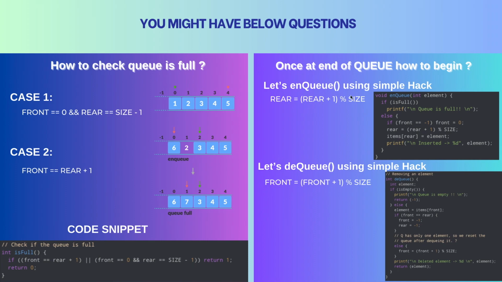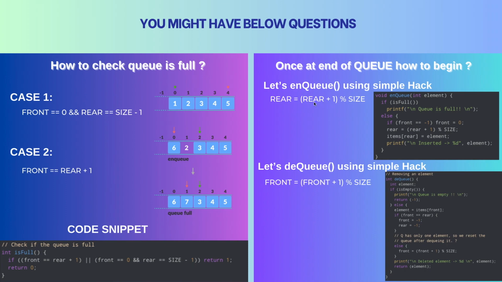Next, we have incremented our rear. What would be the position of rear? 0 plus 1, and modulo sign, 0 plus 1 is 1, modulo 5. So it would be 1. Then after we need to follow the same method again and again until we reach the end of the queue. Why am I saying end of the queue?